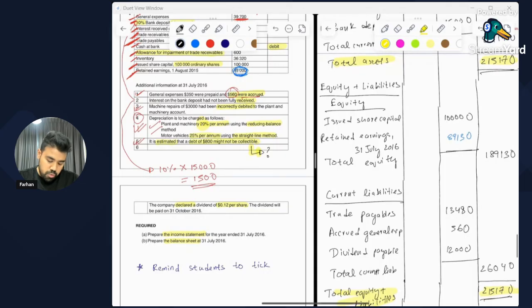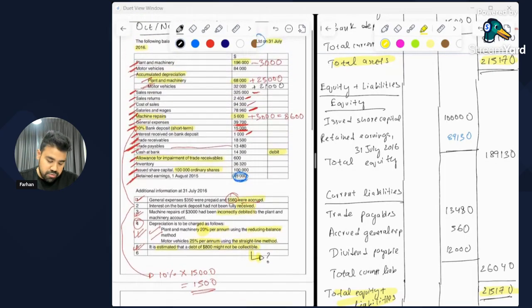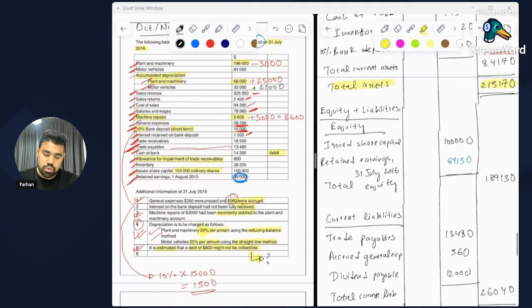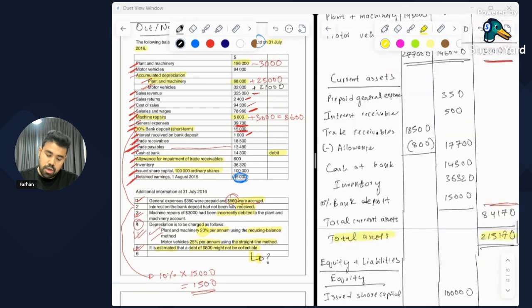All right, which proves that our balance sheet is correct and we haven't missed any information because we also ticked every line that we have used as we solve through the question. Okay. All right.